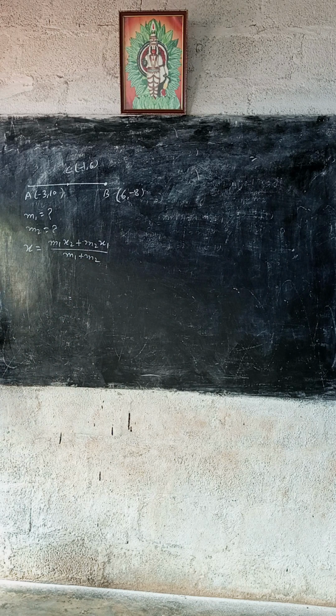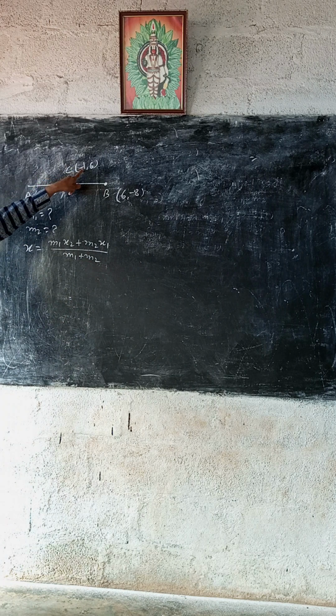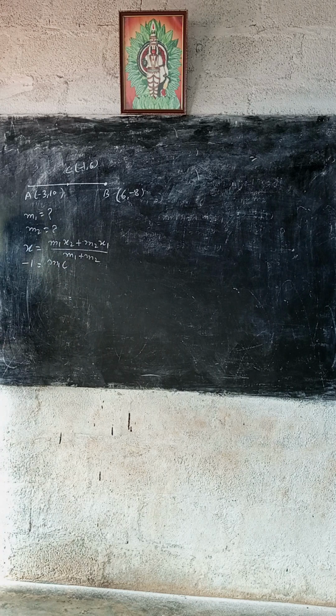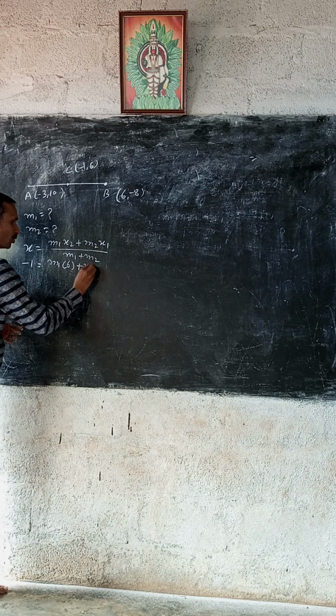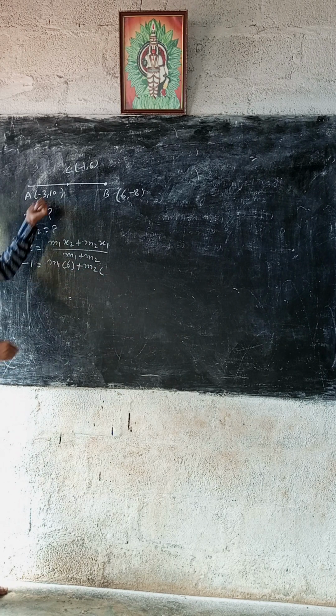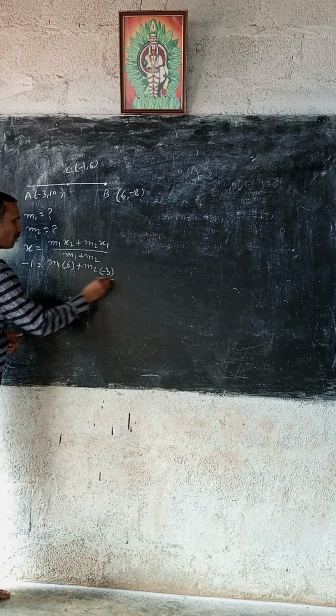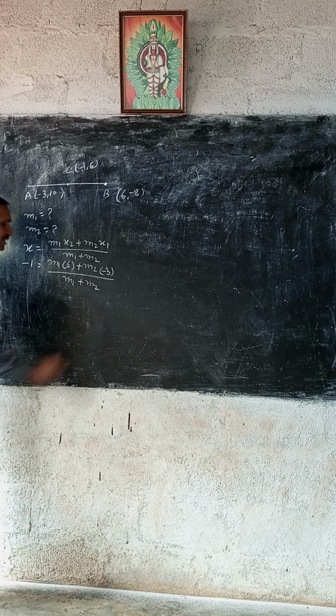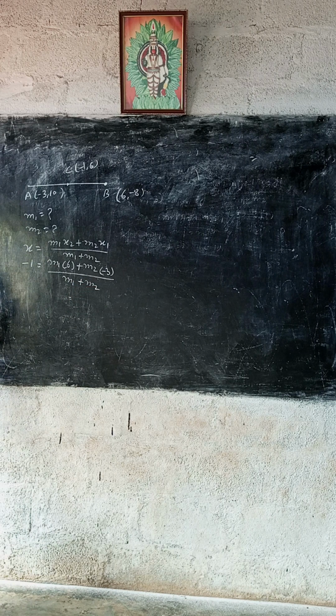The x value is already given as minus 1. So minus 1 is equal to m1 times x2 value 6, plus m2 times x1 value minus 3, divided by m1 plus m2. Now we can cross multiply.